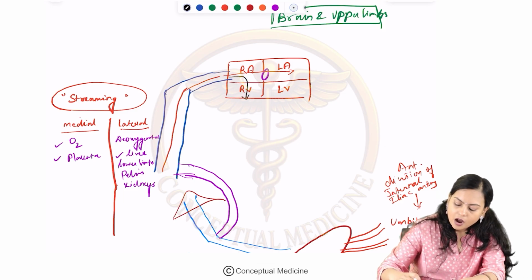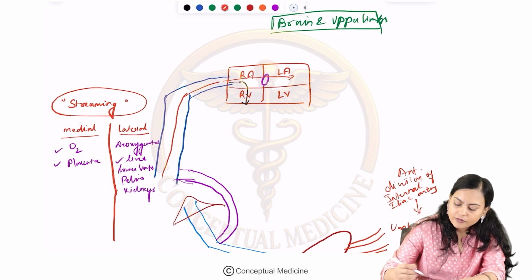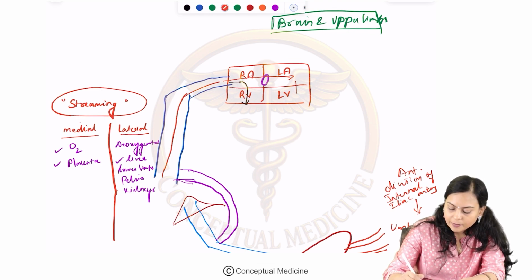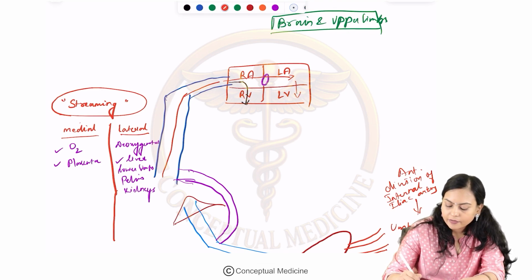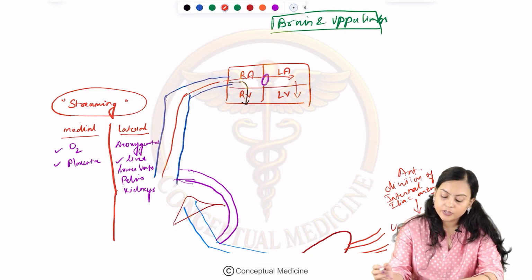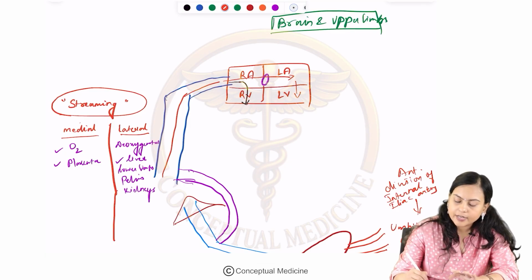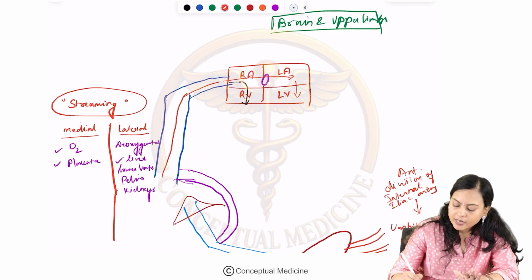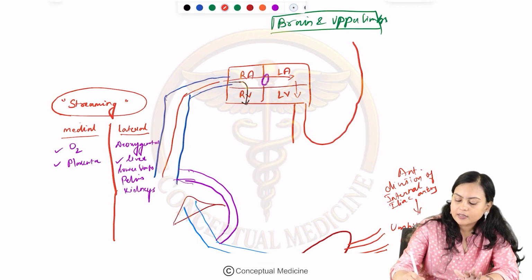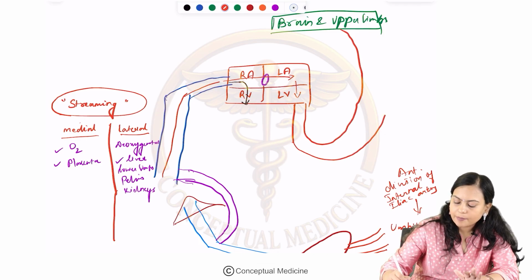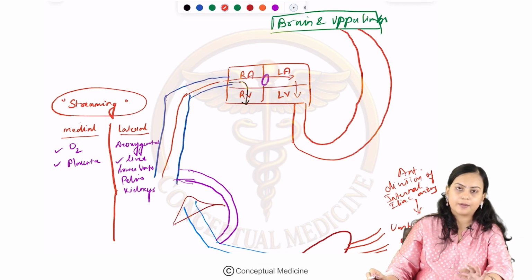From the left atrium, the blood will pass to the left ventricle, and from the left ventricle we will have the aorta that will be taking the oxygenated blood and supplying the brain and the upper limbs.